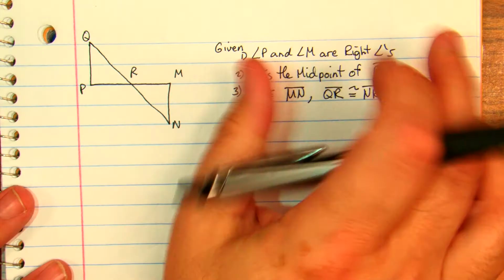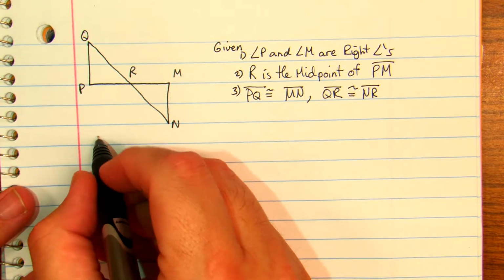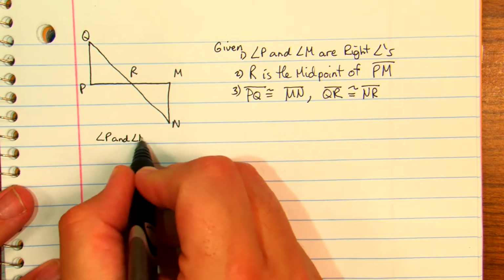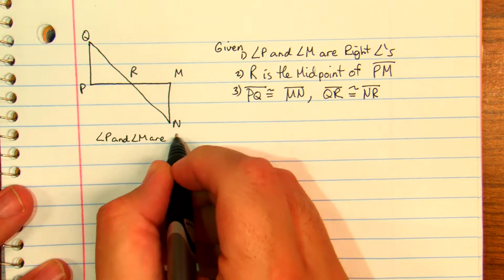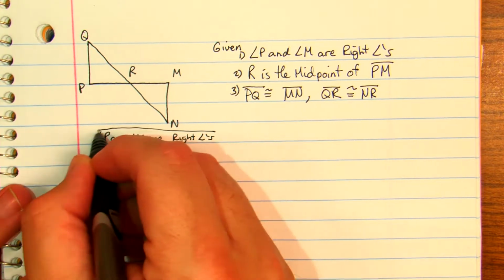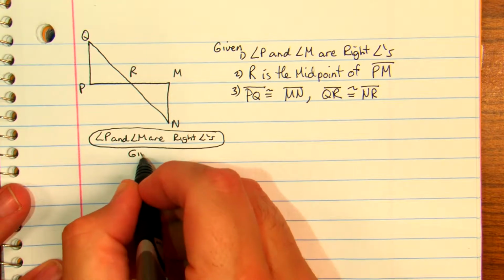So the given is angle P and angle M are right angles. And that's going to be given.